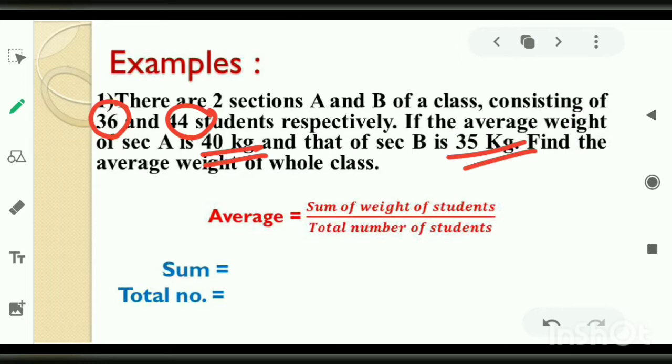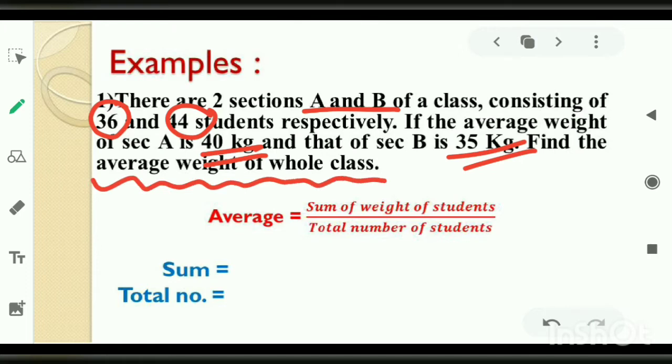Okay, what is given in the question? There are two sections in the class, A section and B section. In A section there are 36 students and their average weight is 40 kg, and in B section there are 44 students and their average weight is 35 kg, and we are supposed to find the average weight of the whole class.